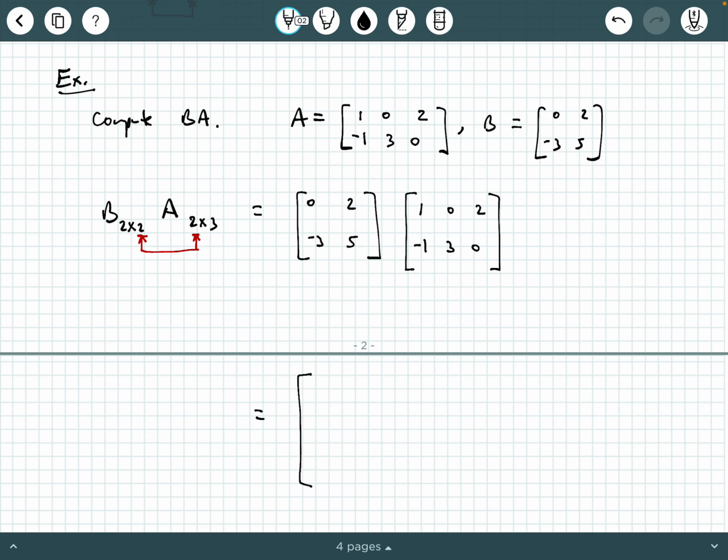Now, here's how you actually compute the product. Stay with me here, okay? You may have to rewind this and re-listen to it. You're going to take the entries from the rows of the left matrix and multiply them by the corresponding entries in the columns of the right matrix, okay? And then you're going to add those together.